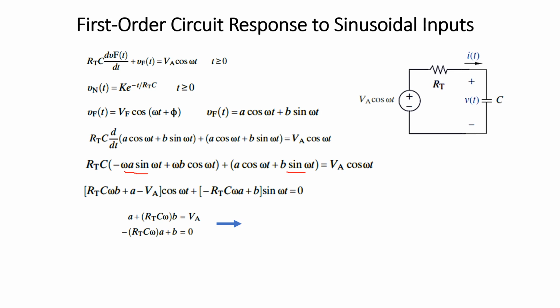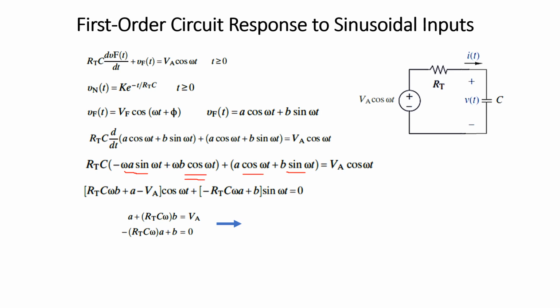It is minus omega A RC, and plus B, and there is no sine term at the right hand side. Therefore, this right hand side is 0. And the coefficient of cosine: omega B multiplied by RC.